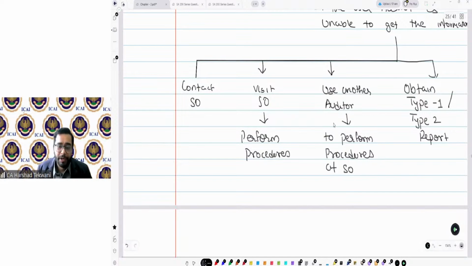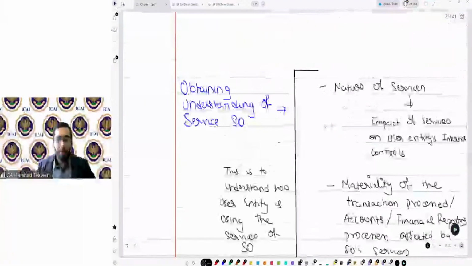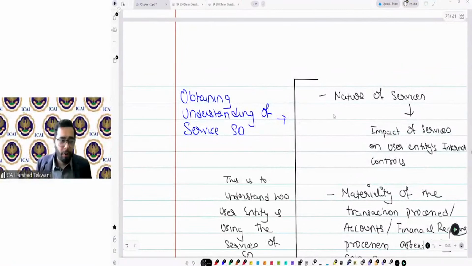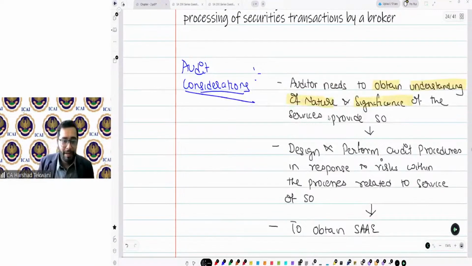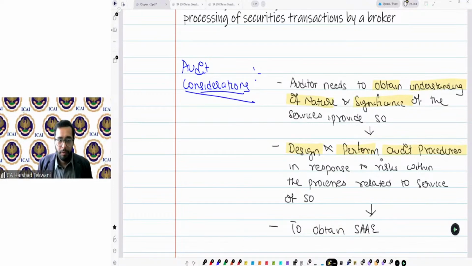Now the second question: okay, I understood the process, I obtained the information, I did everything. The next part is that I need to design and perform audit procedures. First was obtaining understanding; now I need to design and perform audit procedures.